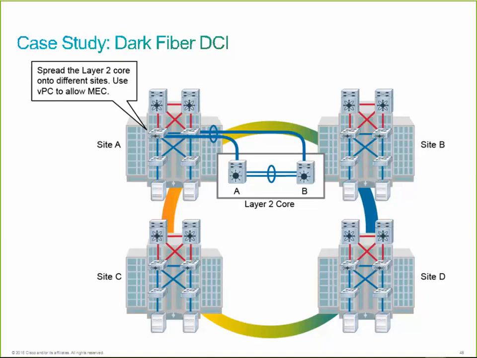Applying the same interconnection methodology to all my sites gives me that flexible design. What's the limitation, though? There is a limitation. All right? It's the number of wavelengths that are available in the DWDM ring. That's going to limit the maximum number of uplinks that are available from the layer 2 core in my topology.